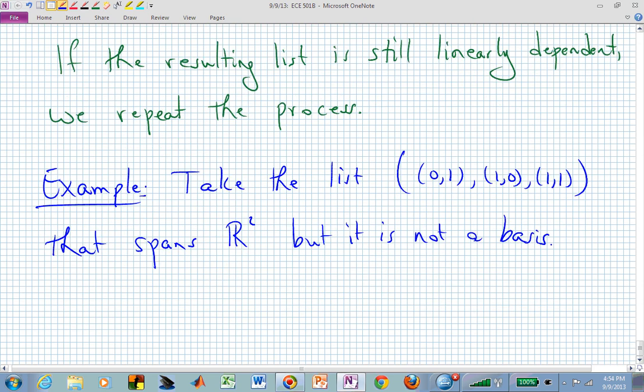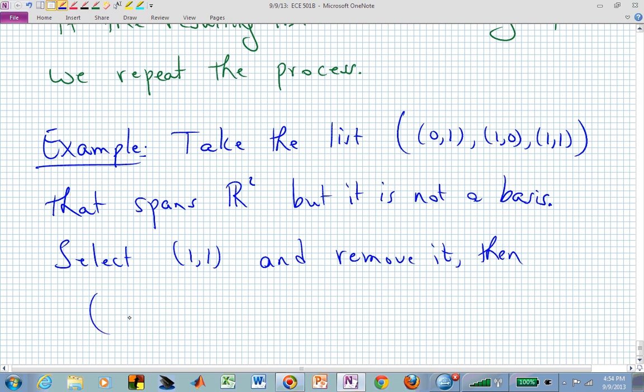How would we create a basis from this set? So if this was our capital B, what would we want to do? Which one of those would you like to get rid of? Maybe this last one, the (1,1), and just preserve the standard basis. So if we delete (1,1), then we're left with this new list.